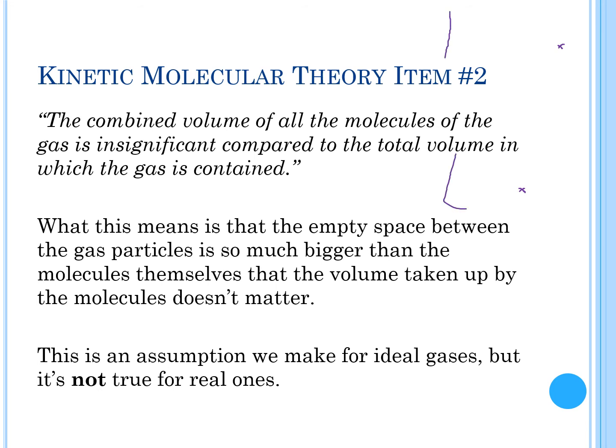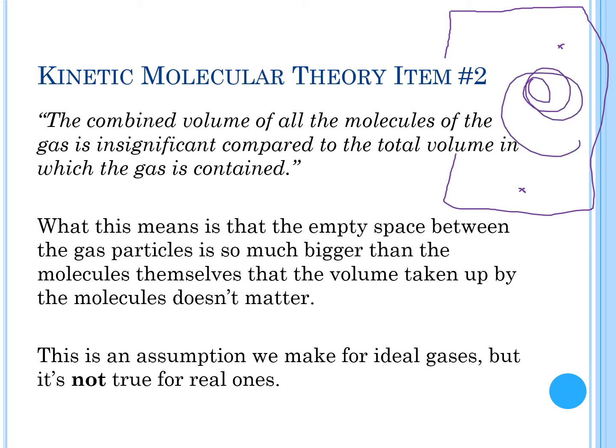Let's say this is our whole container. So we're saying that in the volume of all of this space, we can ignore the actual molecules because they're so tiny relative to the overall volume. We make that assumption for an ideal gas, but it's not true.